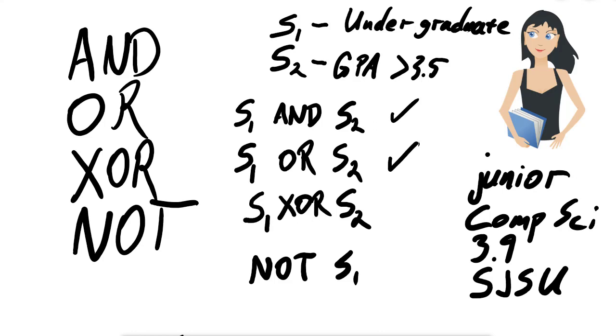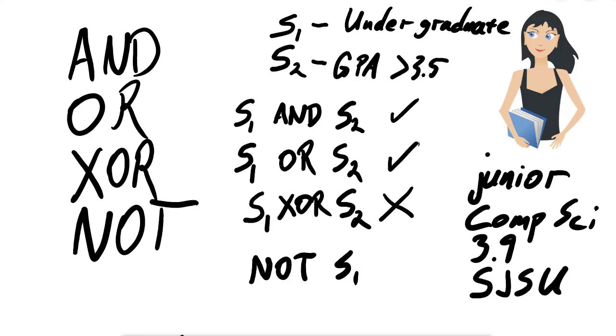Is Stacy either an undergraduate, exclusive or, has a GPA greater than 3.5? Well, she has S1. She also makes S2 true. So both of them are true. So we don't have the exclusivity, right? Both of them are true. So if this were the case, Stacy would not be eligible.